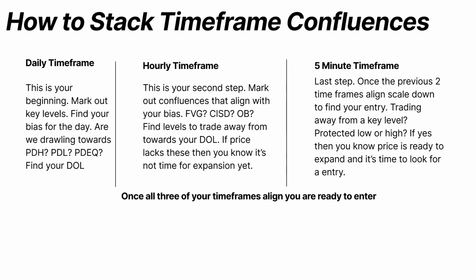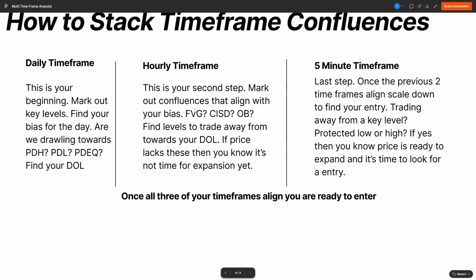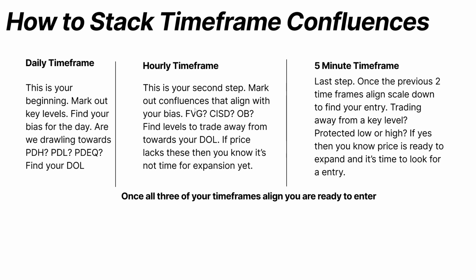So your second step is going to be your hourly time frame. You're going to mark out any confluences that align with your bias, preferably in the upper half or lower half of equilibrium, depending if you're bullish or bearish. So you're going to look for fair value gap, CISD, order block, whatever confluences you use to trade. So you're going to find levels to trade away from towards your drawn liquidity.